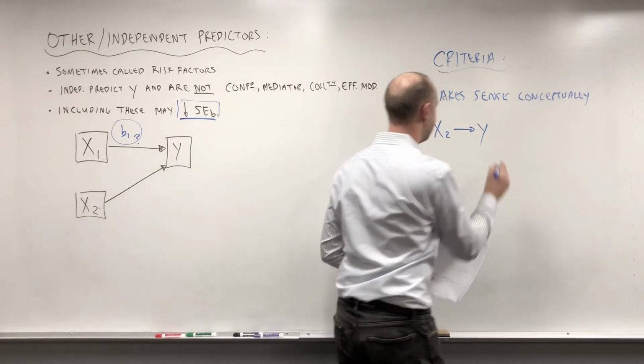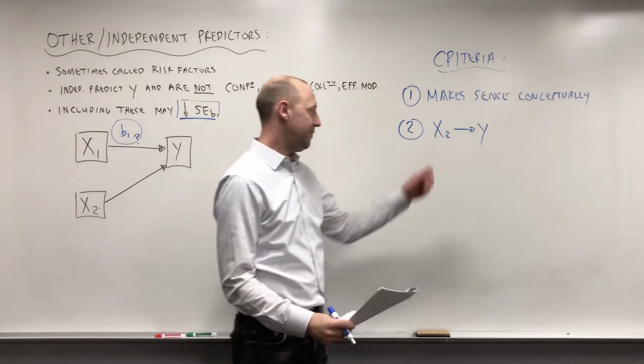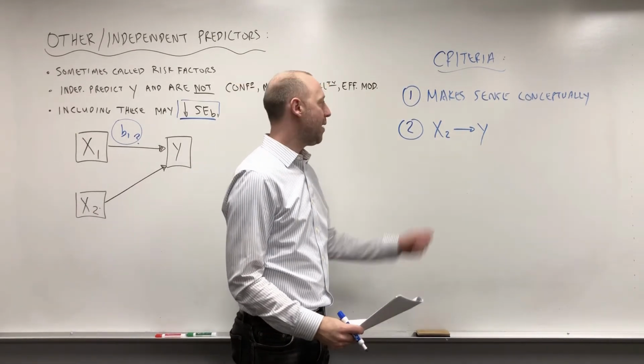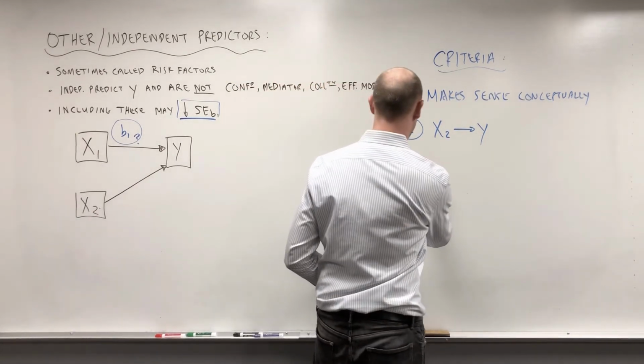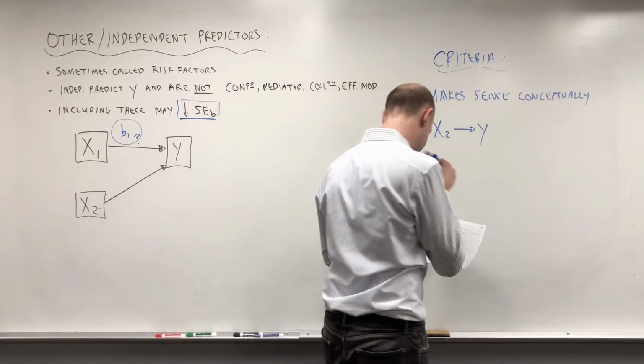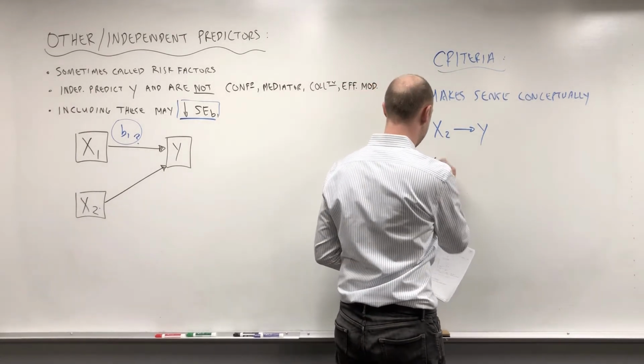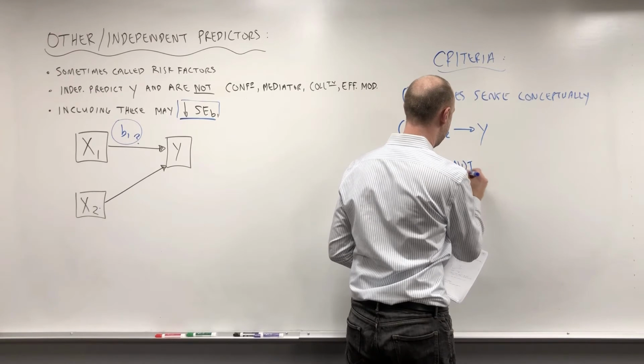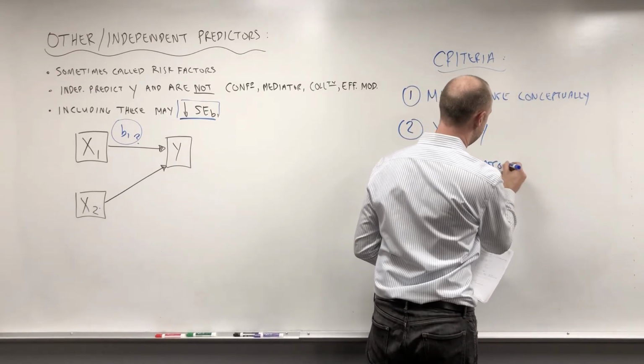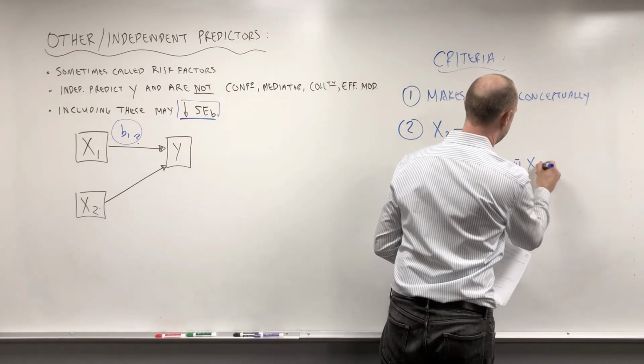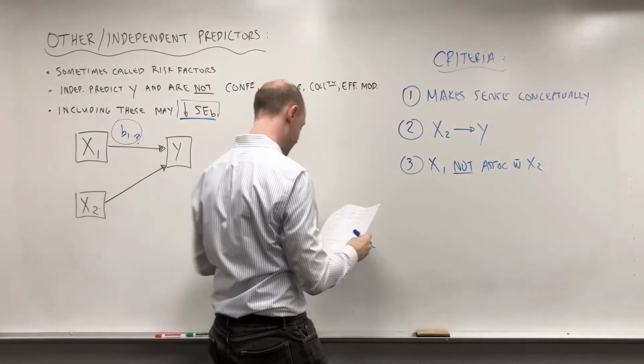We can think that makes sense conceptually, and we can check numerically. X2 is associated with the outcome, and x1 is not associated with x2. So there's no link between these two variables.